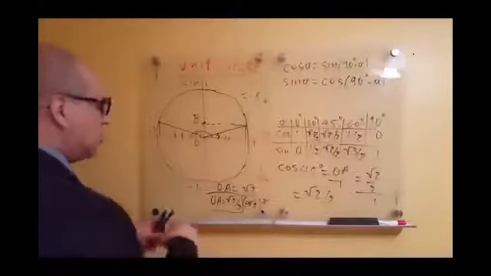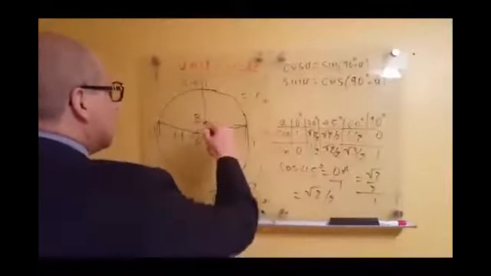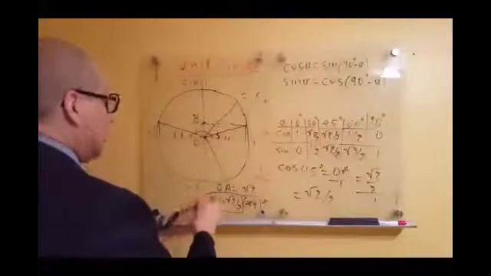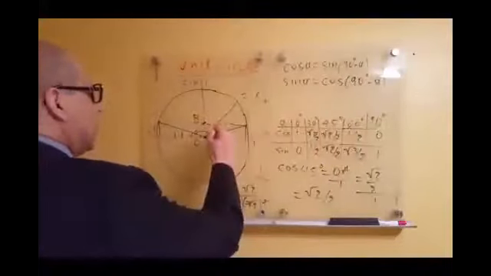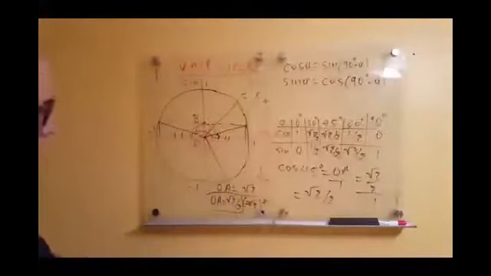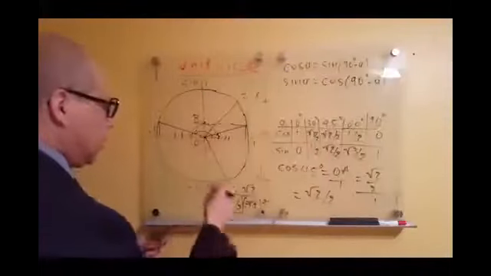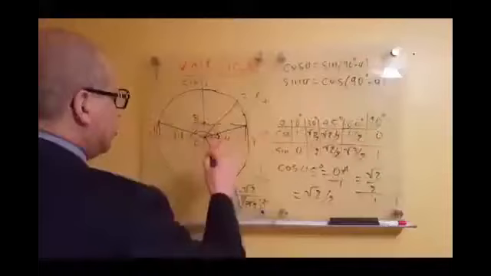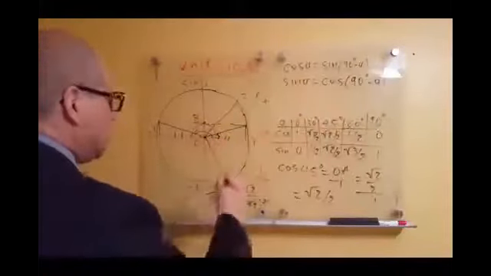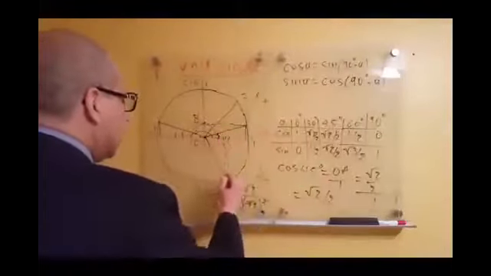Let's say you have this angle here now, and you want to find the cos and the sine of this angle. In order to find the cos and the sine, what we do is bring from this point the perpendicular to the cos axis.